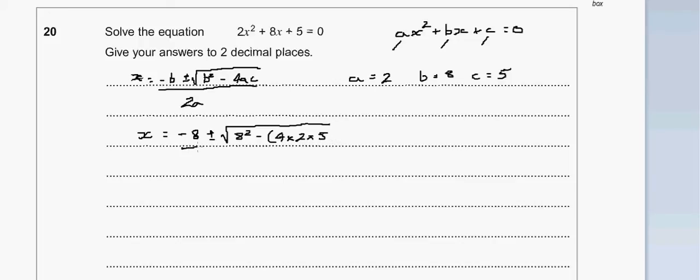And then this is all over 2 lots of a. Now a is 2, so 2 2s are 4.